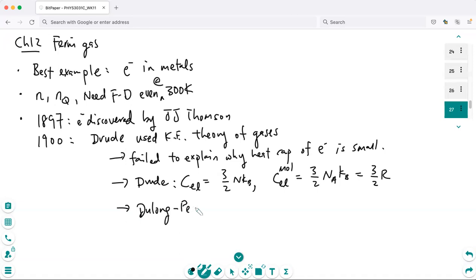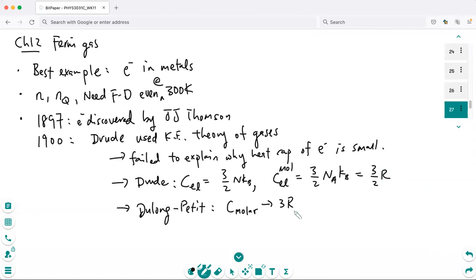The Dulong-Petit law tells you the molar heat capacity approaches 3R. This is when we talked about diamond, I mentioned this. Now, if you have the resolution to detect 3R, don't tell me you don't have the resolution to detect half of this amount, 3R divided by 2.